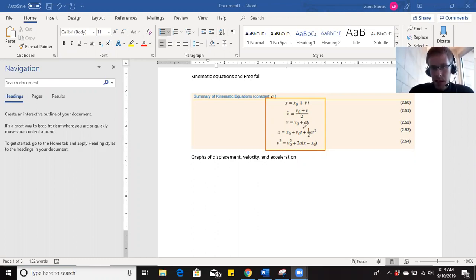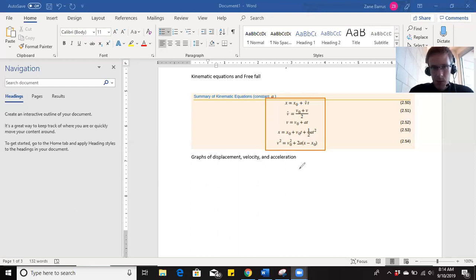So let's define these variables for a second. In this first equation, we have the variables x sub 0. I'm going to call it x naught from now on. So whenever you see a subscript of 0, say the word naught. With x, we've got x naught, we've got v with a little line over it, and we've got t.